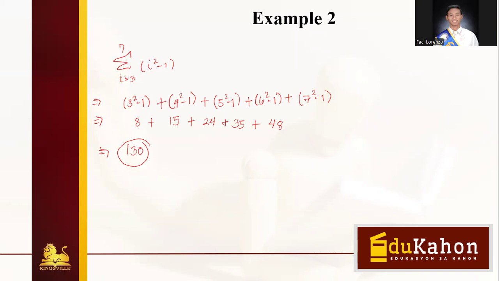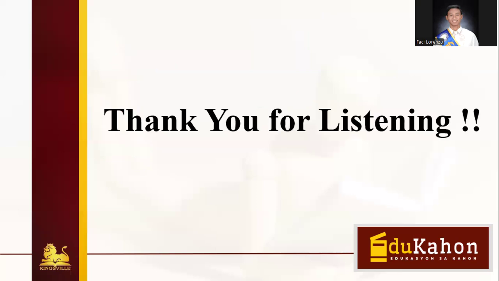So that's how you use the general term and the summation of a series to get the sum of the terms using the properties of summation. Okay, thank you for listening, and that's all for Module 3.